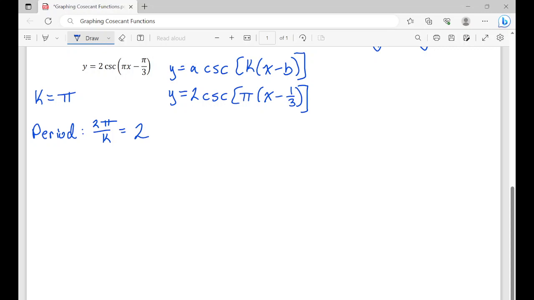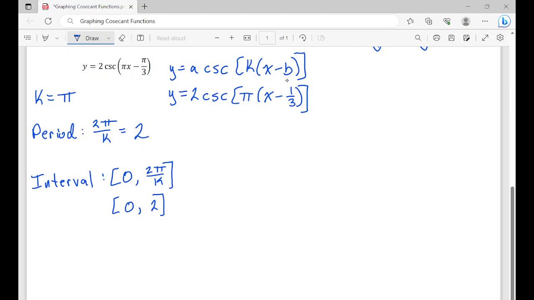Again, all well and good. But now we need to find the vertical asymptotes, and we can find that by looking at the interval. Now the interval is supposed to be from 0 to 2 pi over k. But in this case, k is pi, so the interval is going to be from 0 to 2. But that's if it was not shifted, but it has been shifted. And it's shifted because of right here, this 1/3.